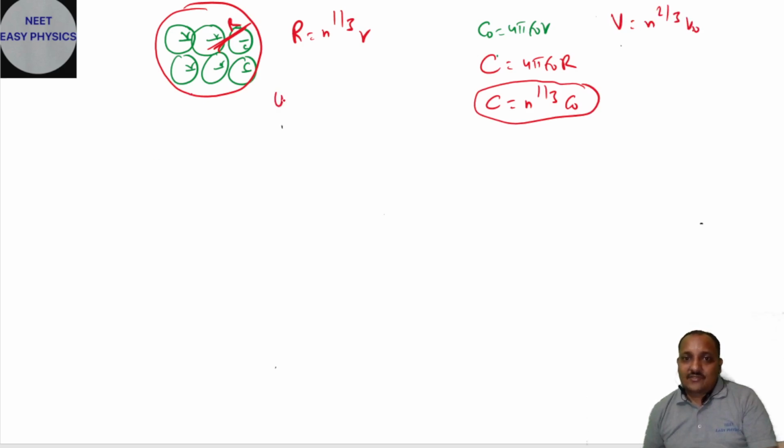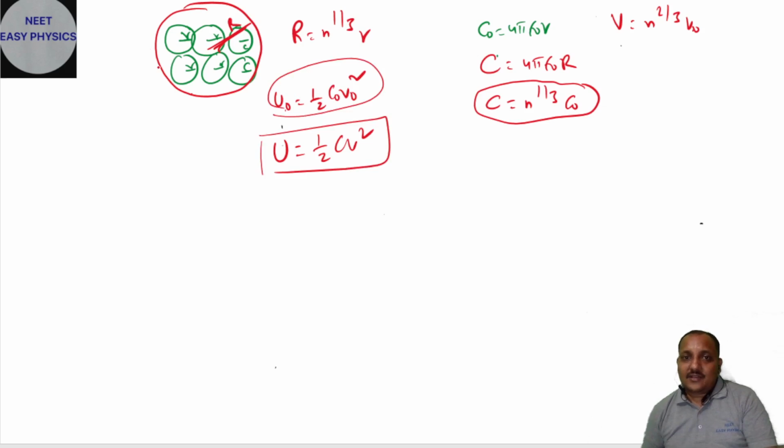Now for energy we will see. U naught is equal to half C naught V naught square, if you are taking, then U is equal to half C V square. What is U naught here? Energy of smaller capacitor. Now U here is the energy of the bigger spherical capacitor. Now half, what is C? n power 1 by 3 C naught. What is V? n power 2 by 3 V naught, whole square.